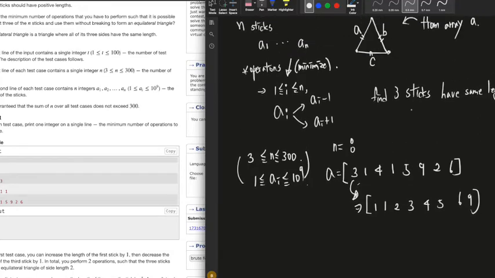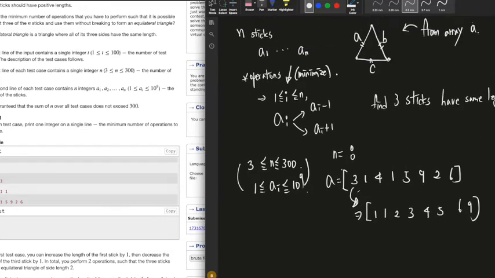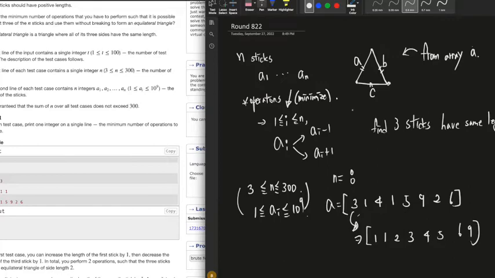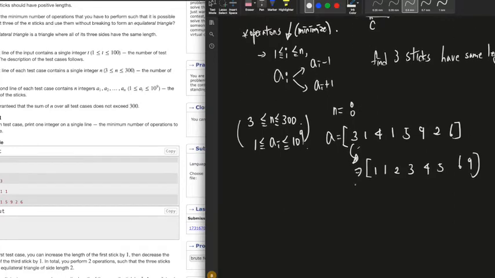Because we need only 3 sticks to make an equilateral triangle, all we need to do is just iterate from 1 to 8, obviously by index, 1, 2, 3, 4, 5, 6, 7.